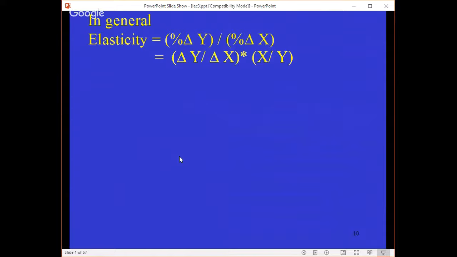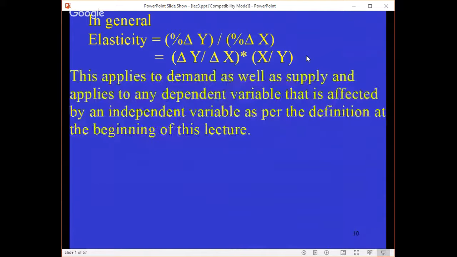And I rewrite that as the change in y divided by the change in x times x over y, doing the same algebra we just did right here. And as I said, this applies to demand and supply, and we can really apply it to basically any relationship of two goods. And it applies to any dependent variable that is affected by an independent variable, as per the definition.